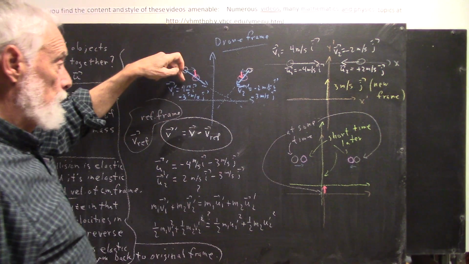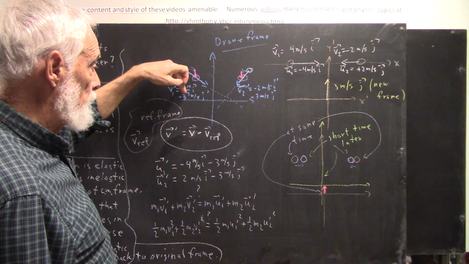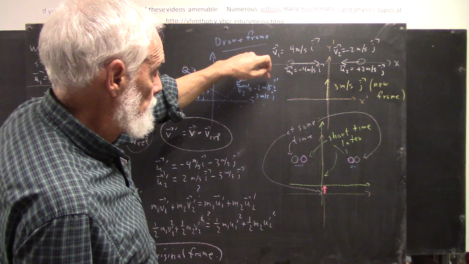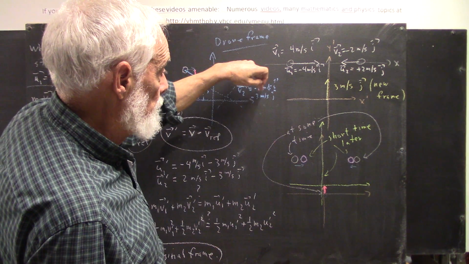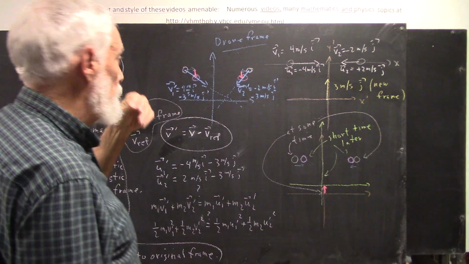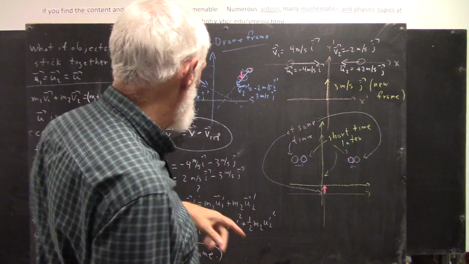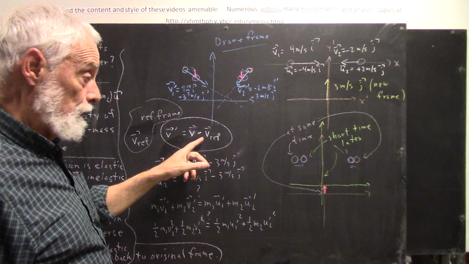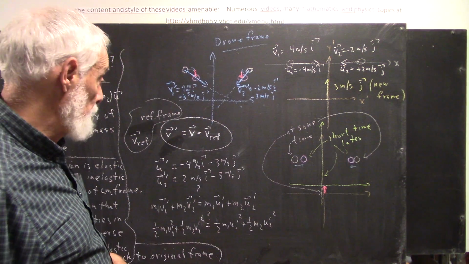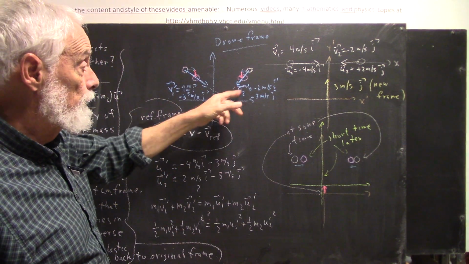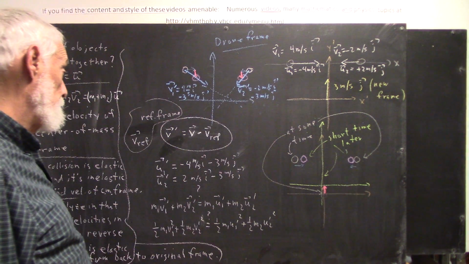So v1 prime is going to be 4 meters per second times i minus 3 meters per second times j. v2 prime is negative 2 meters per second times i minus 3 meters per second times j. And of course, if we take our 4 meters per second times i and subtract the velocity of the reference frame, that would give us a negative 3 meters per second times j. This is exactly what we'll get for v1 prime, and this is exactly what we'll get for v2 prime.